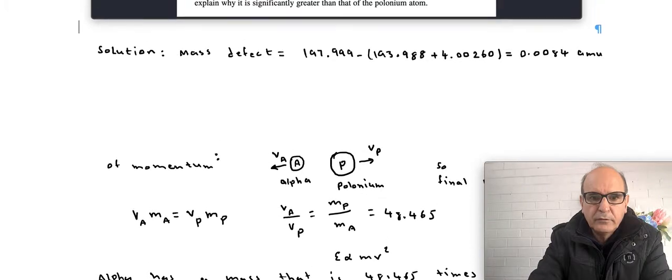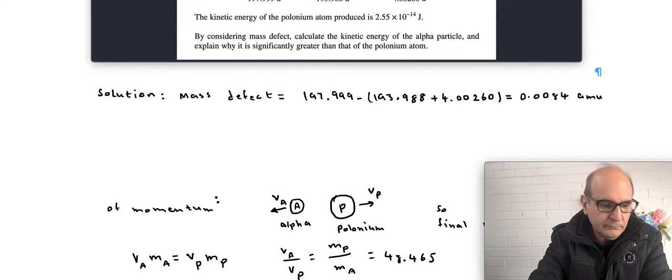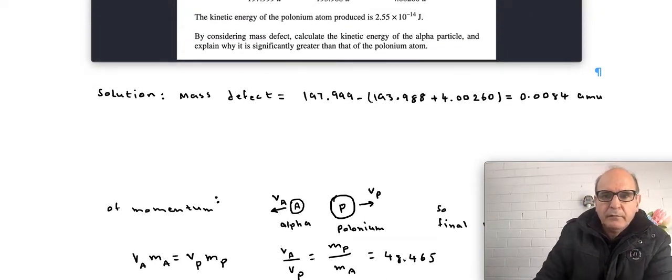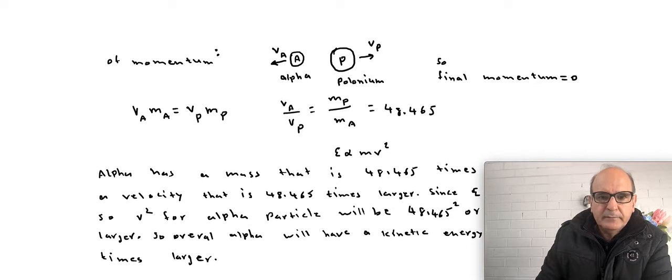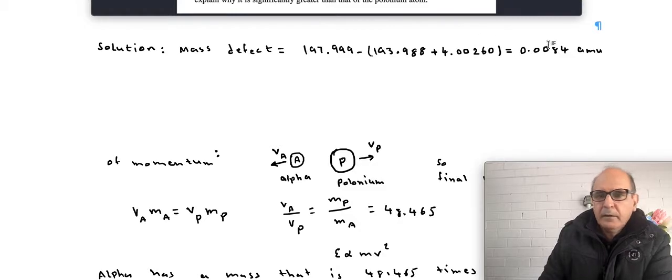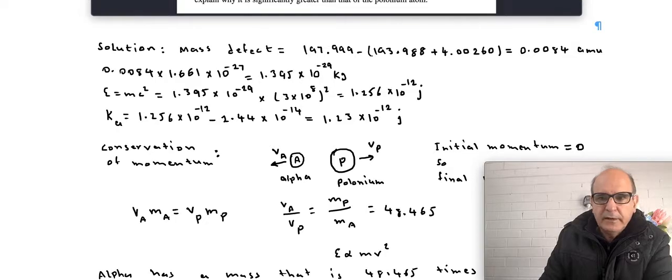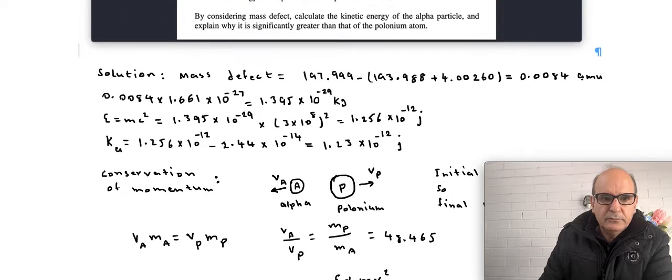Now for energy, based on the equation E equals mc squared, the mass defect turns into energy.